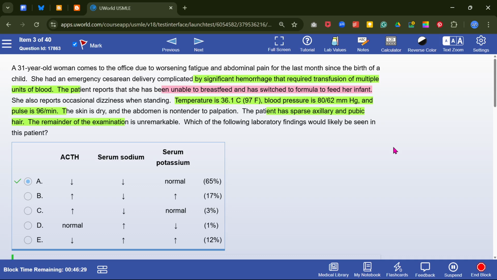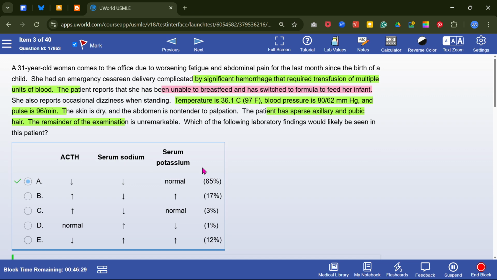I think that it is Sheehan syndrome, which is a secondary adrenal insufficiency. In secondary adrenal insufficiency, cortisol is low, ACTH is low, serum sodium is low, and there is normal potassium.